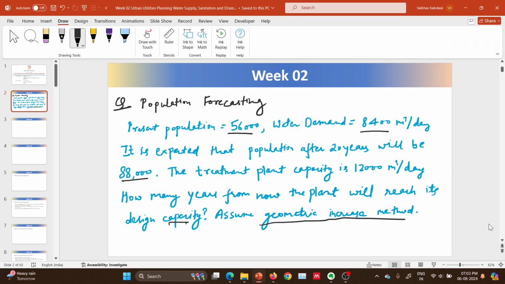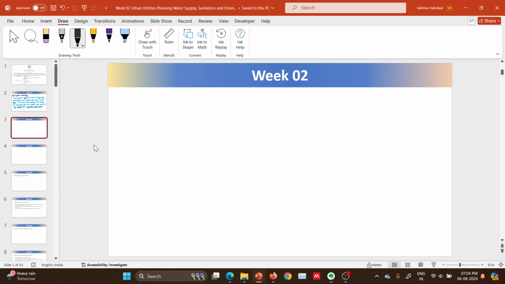So we will solve this question. It has been given: we are provided with P0, which is 56,000. After 20 years, I am writing it as P20, it is 88,000.